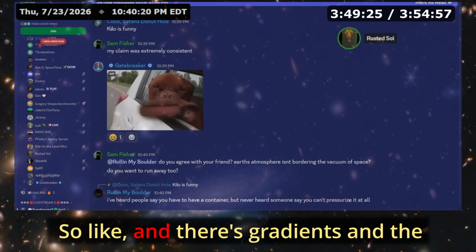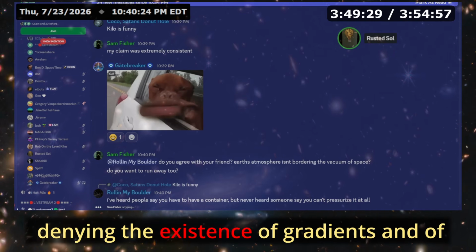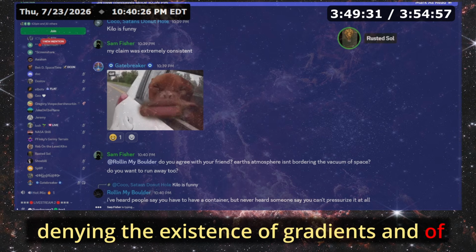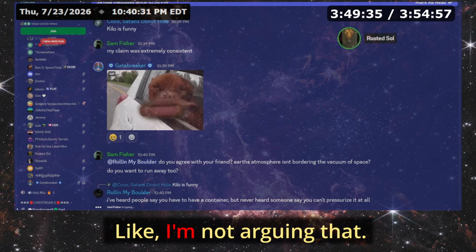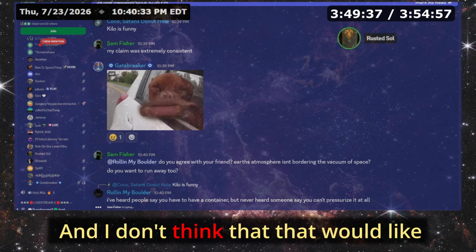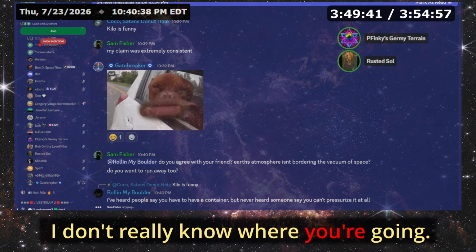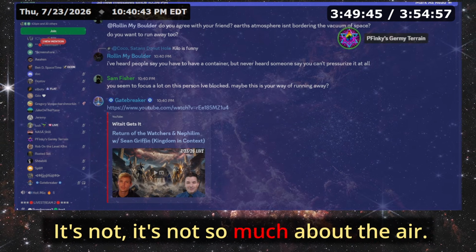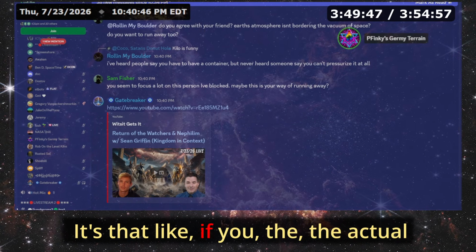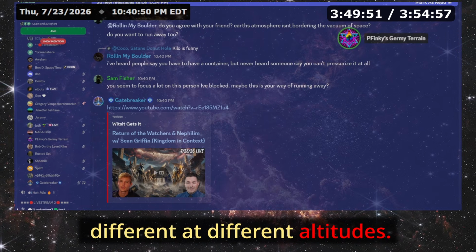There's gradients, and the higher you go up, I'm not denying the existence of gradients and of the air getting thinner the higher you get. I'm not arguing that, and I don't think that would debunk upward or anything. I don't really know where you're going with it. I'm saying it's not so much about the air. It's that the actual acceleration is different at different altitudes.